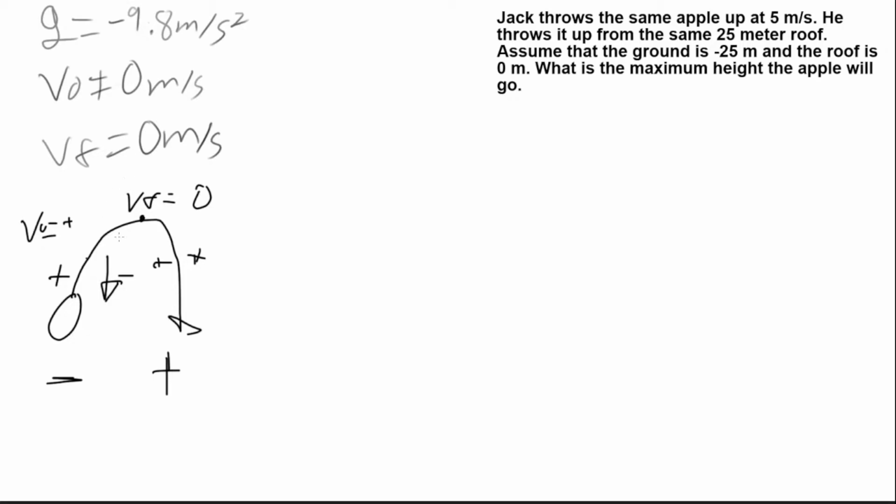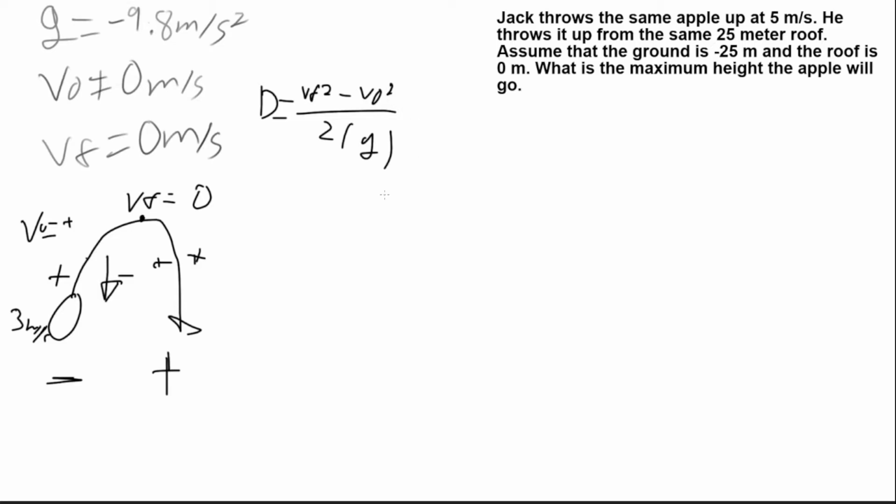But we can find how high this is. Let's say our V naught is 3 meters per second. We don't have time, but we have gravity. So we could do D equals V final squared minus V naught squared over 2G.